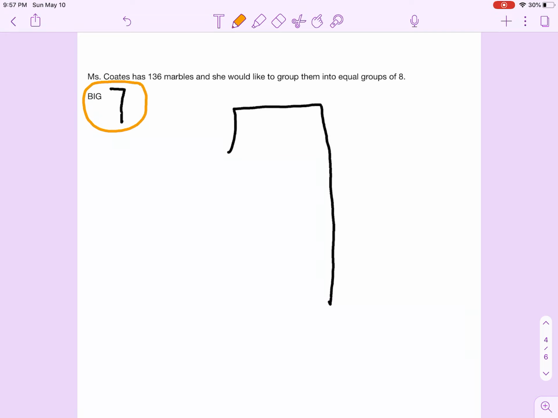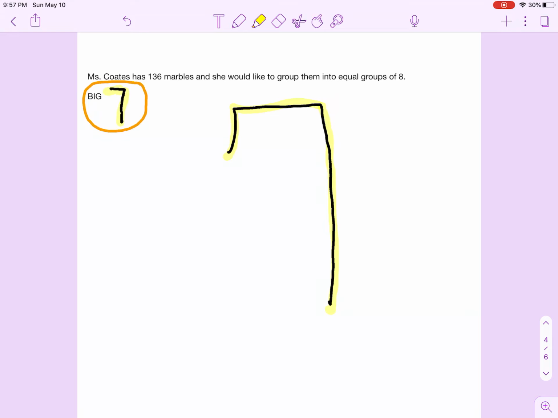So you're going to notice that when you set up a division problem, and most of you have probably done that before, there's a certain type of formation that you use. I'm going to highlight this. It kind of looks like this when you start dividing, but because this is called Big 7, draw a little bit longer line so that it looks a little bit like the number 7.